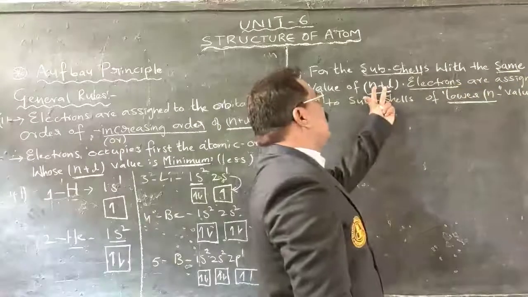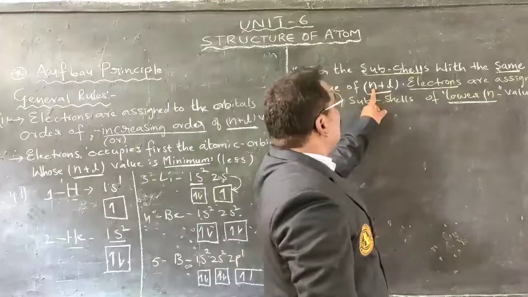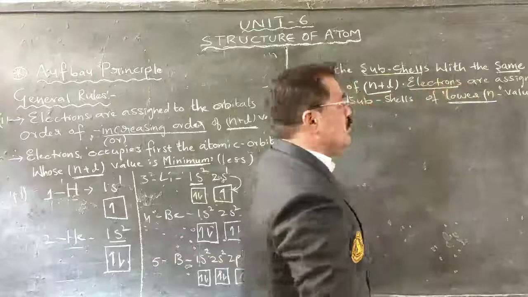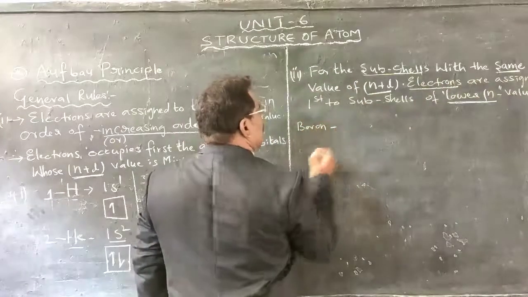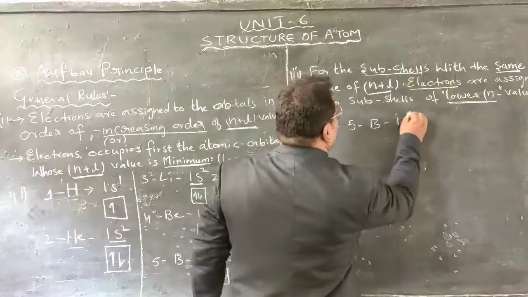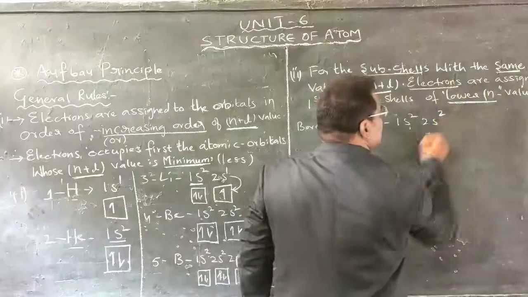Among these orbitals with the same n plus l value, the one whose n value is lower will be occupied first. Example: boron. Atomic number is 5, symbol is B, electronic configuration is 1s2 2s2.